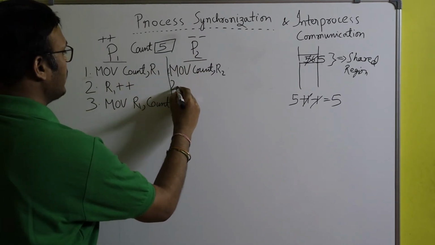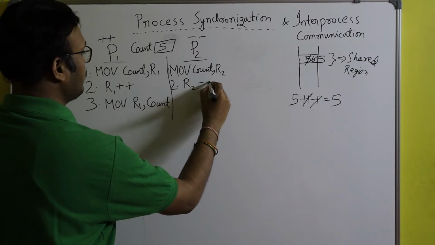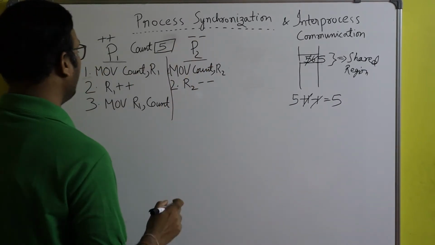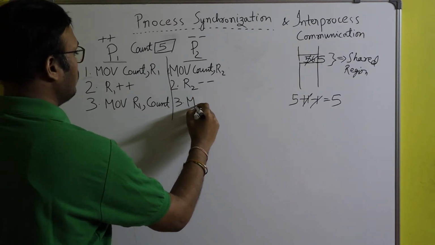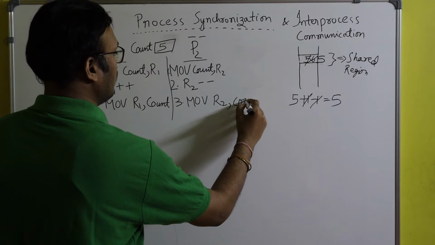And the second instruction is R2 minus minus. Why? Because this P2 is performing a decrement operation. And its third instruction is move R2, comma, count.